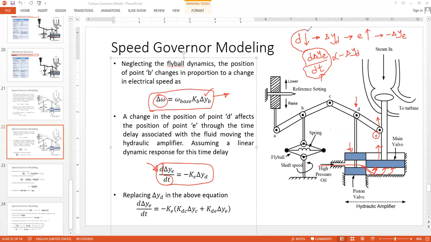Because they have an opposite relationship and we are trying to capture the dynamics associated with the valve movement, that's why we are putting this d by dt term. When we remove the proportionality sign, we have to introduce this proportionality constant ke. So that is d by dt del ye equals minus ke del yd.